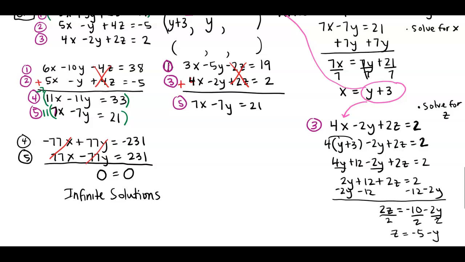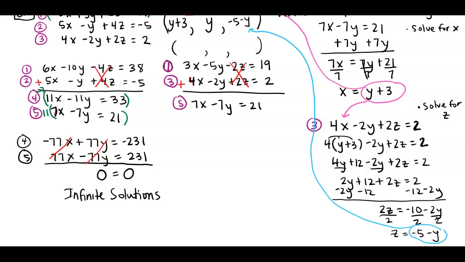And so now that's what I know z is, so that's going to go here. So I've got negative 5, and you could write it as negative y minus 5 or negative 5 minus y. It doesn't matter. Either way is perfectly fine, right?